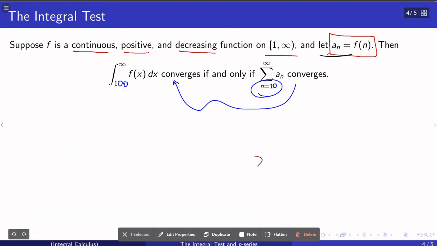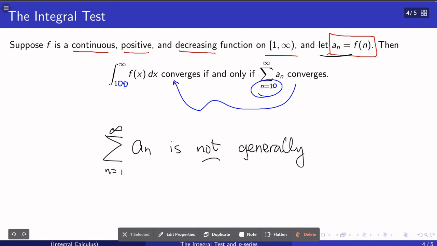And finally, one last thing to note here is that if the series and the improper integral are convergent, they're not going to be equal generally. And we saw that on the previous example for 1 over n squared.